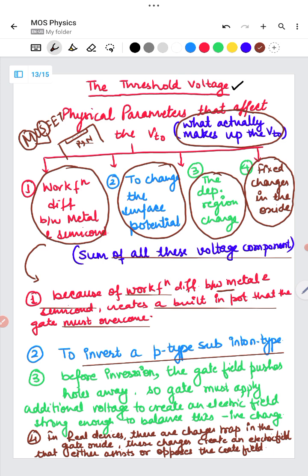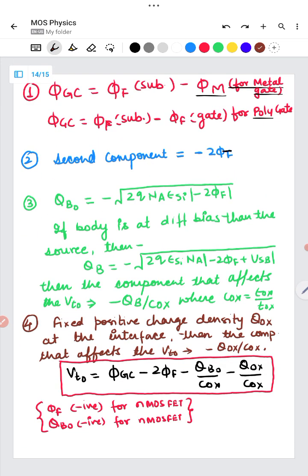The third component: before inversion, the gate field pushes holes away, so the gate must apply additional voltage to create an electric field strong enough to balance the negative charges in the depletion region. In real devices, there are charges trapped in the gate oxide. These charges create an electric field that either assists or opposes the gate field. Let's understand these four components.